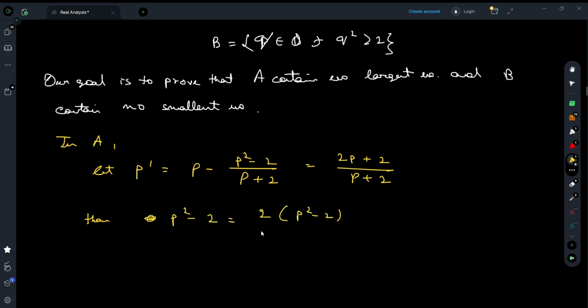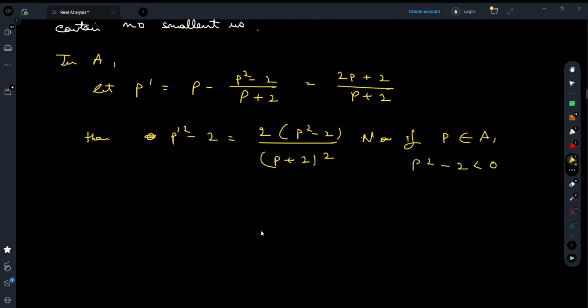Then we can see that p dash square minus 2 is the number 2 times (p square minus 2) by (p plus 2) whole square. We're just squaring and subtracting 2 from both sides. It is very simple to see. So this is p dash square.